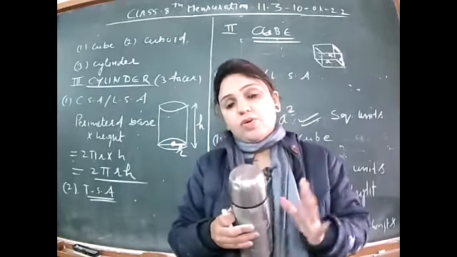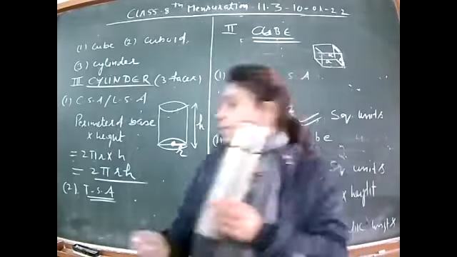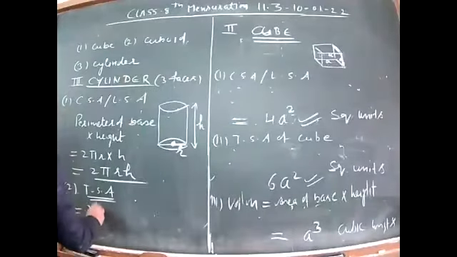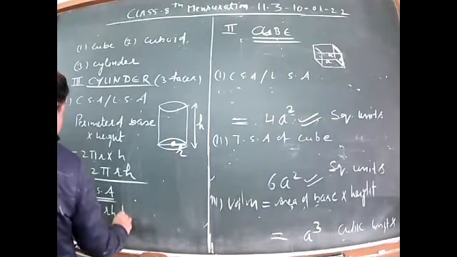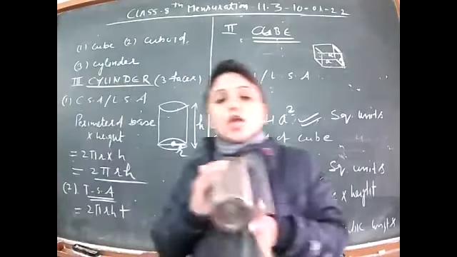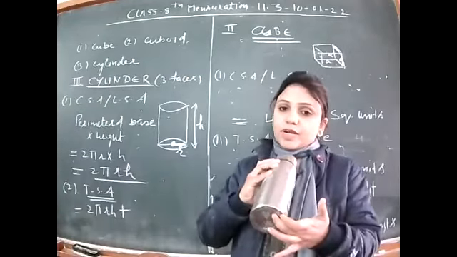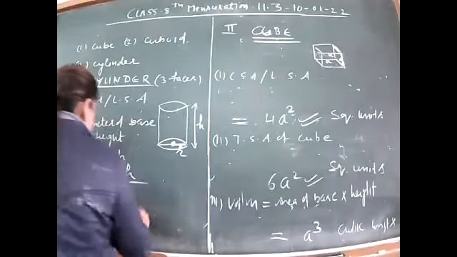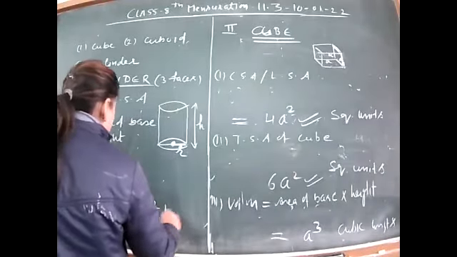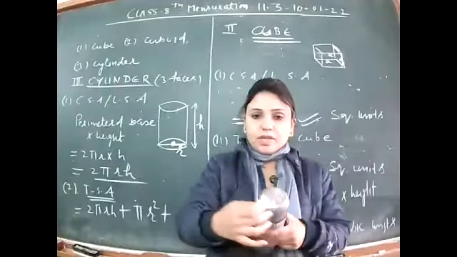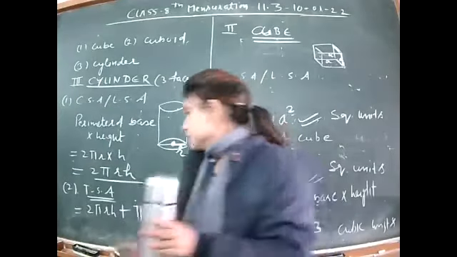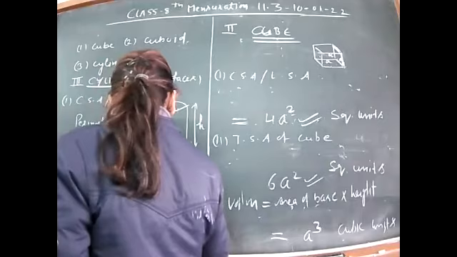All their areas will be added. The curved surface area you have just found, this is 2 pi rh, plus the area of the base. Base is a circle of radius r, so area will be pi r square. And the area of the top, again a circle of radius r, will be pi r square.